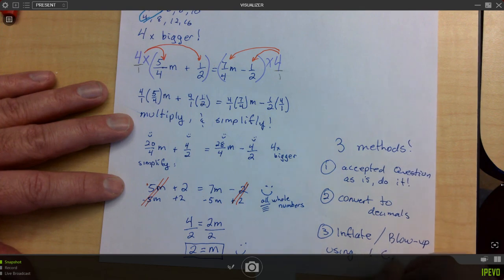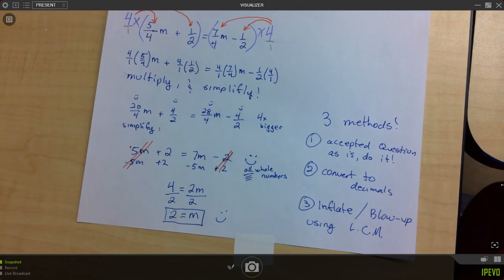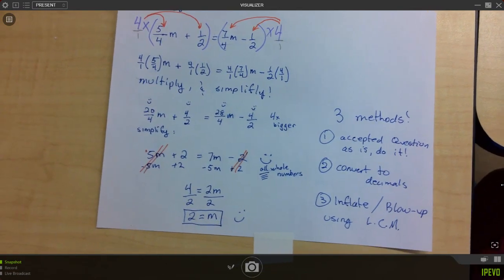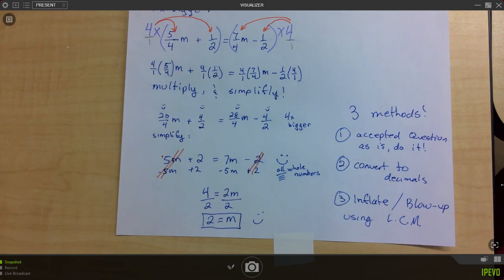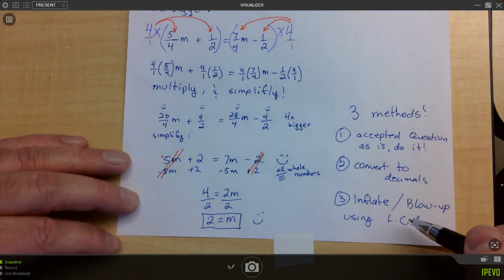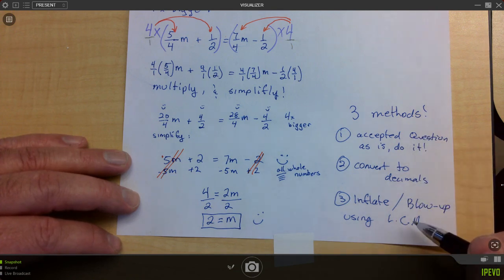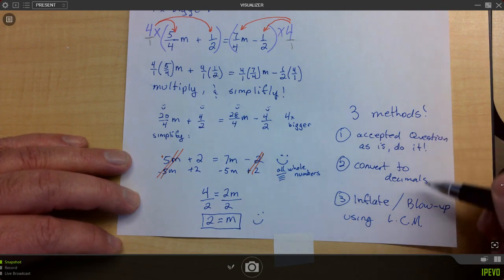It really doesn't matter which way you do it. You pick a method that you like. And by the way, the real secret to this game is that sometimes this is the easiest, sometimes this is the easiest, sometimes this is the easiest. In other words, you should get good at doing all three. You should be aware of all three.